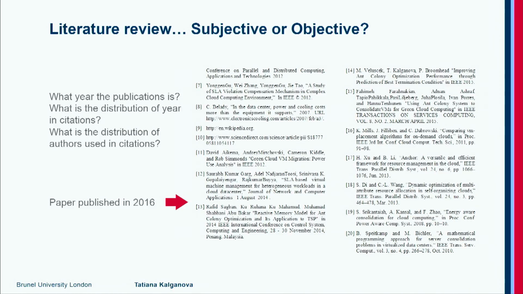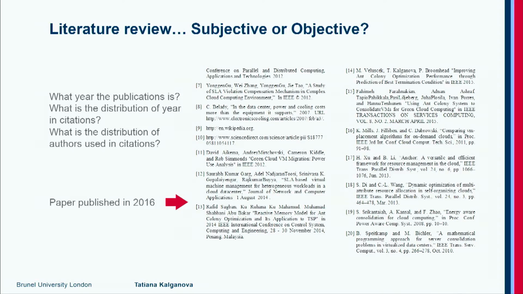In this particular snippet, I have publications from 2012, 2012, 2007, 2012, 2014, 2014, 2015, 2011, 2013, 2013, 2008, 2010. Can you see that this particular example covers the latest publications which could be found in this area?